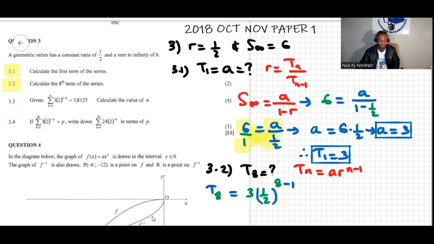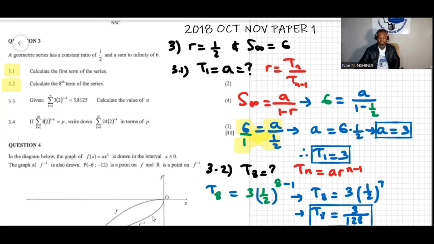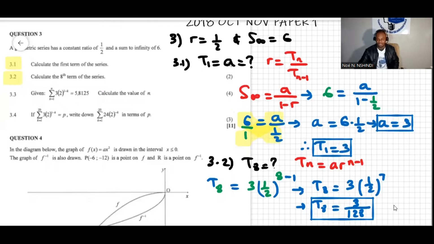So T8 will be equal to 3 times a half to the power of 7. This will be equal to 3 over 128, because 2 to the power of 7 is equivalent to 128. So that's T8.